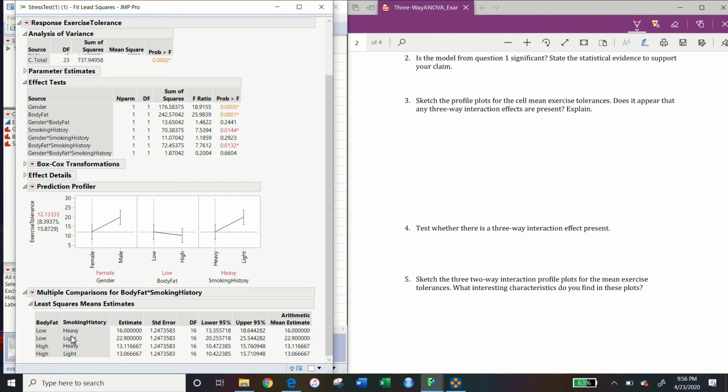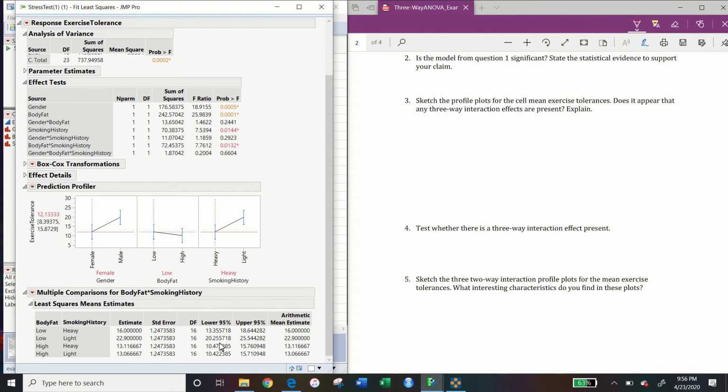It also gives us our four levels: low heavy, low light, high heavy, high light. Now, unlike what you're used to seeing with your Tukey test, where it gave you that ABC relationship to let you know where you had significant differences, another way to do that is to look at your confidence intervals. If your confidence intervals overlap, that means you do not have a significant difference.